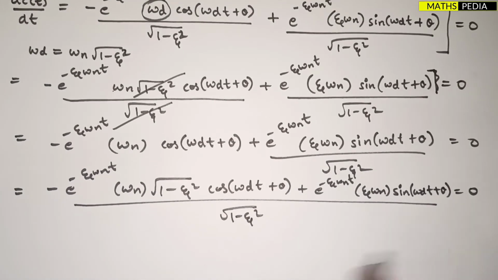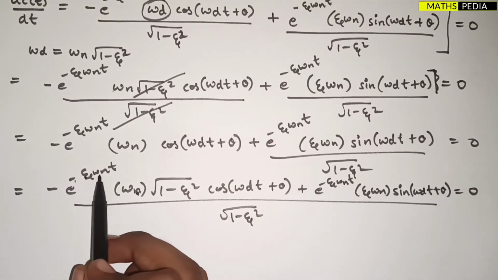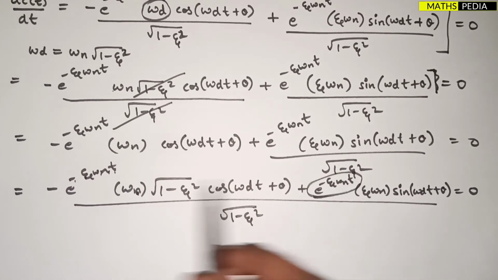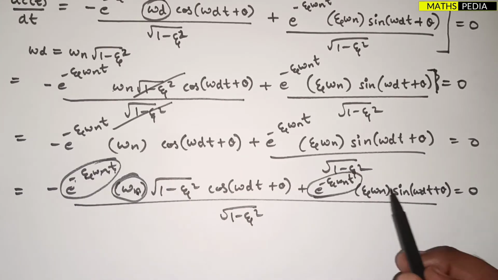Another thing is that we can take from these two terms omega n and e power minus zeta omega n t common. Here you can see this thing is there, this thing common, omega n common.